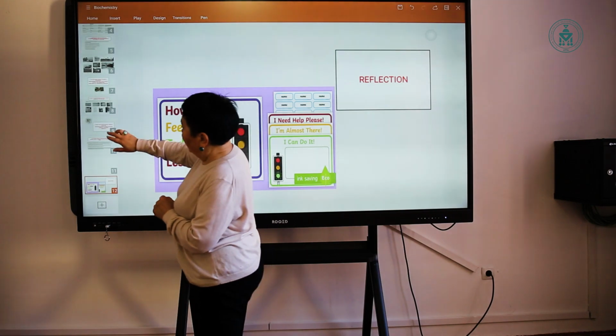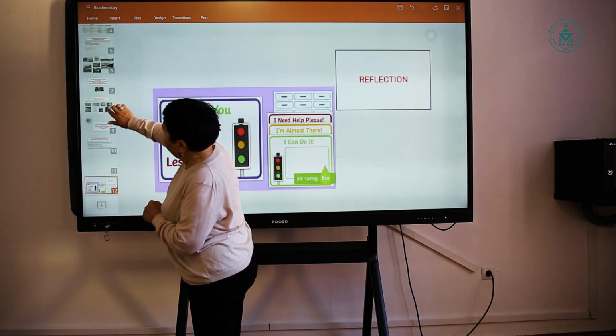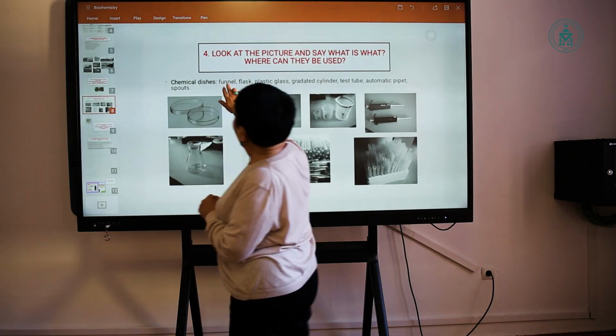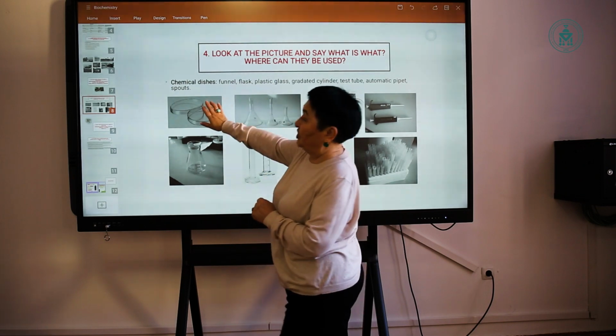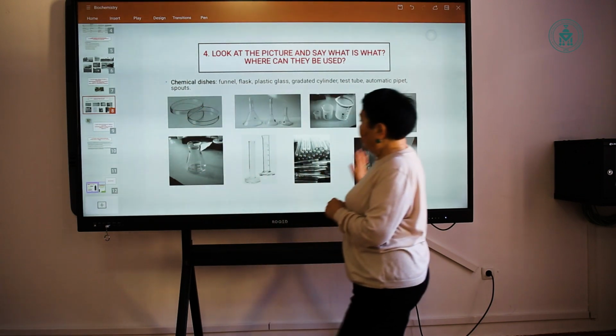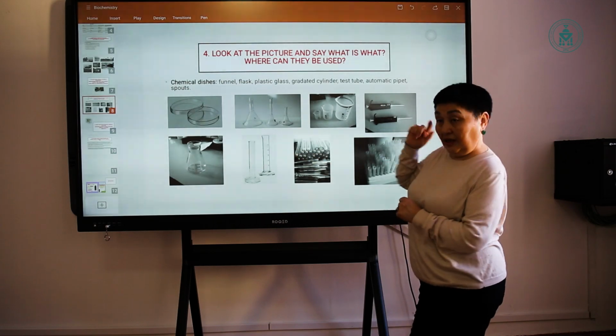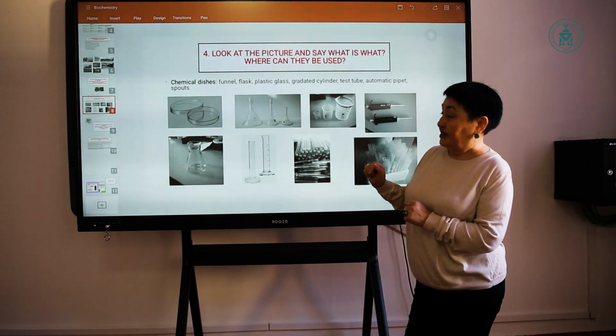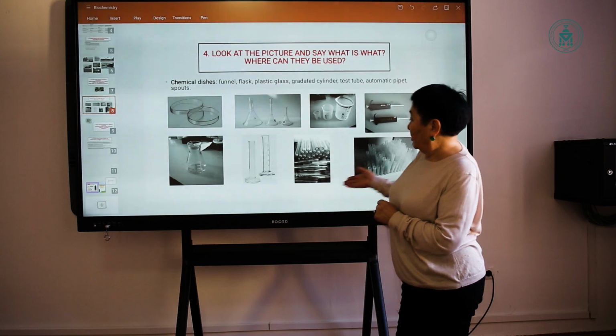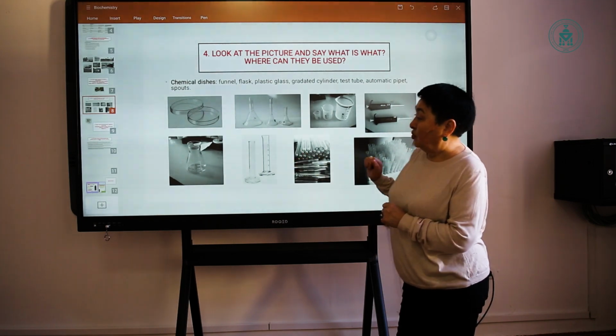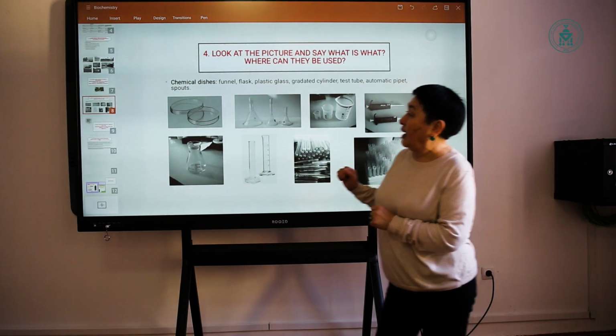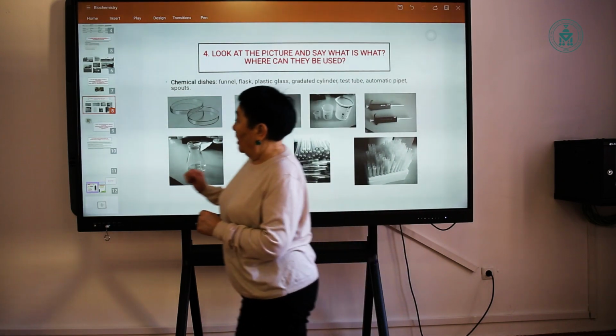I focus there on chemical dishes. They have to know and fix their meaning, and what we have to use these chemical dishes for.